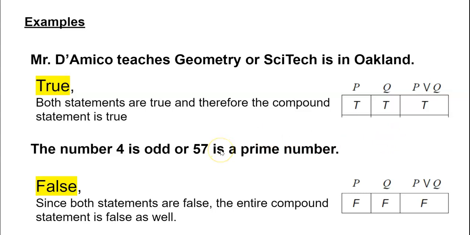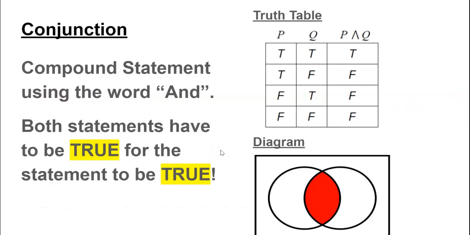That's not entirely the case for a conjunction. So we look at the conjunction notes moving down the page. A compound statement using the word and is the definition of a conjunction. If you hadn't already guessed, the first one was or, and the next one was going to be and. That's when both statements have to be true for the compound statement to be true. You can see in the truth table, there's only one scenario when they're both true.